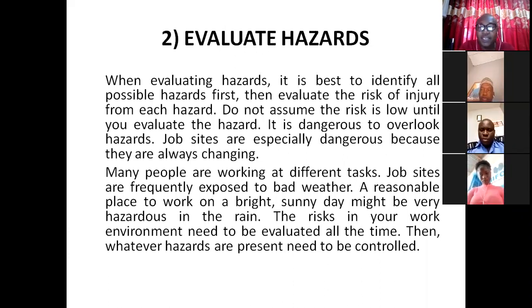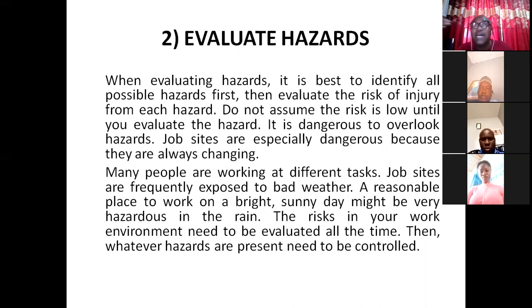If you are driving on the road, you are the only one that knows that your car is roadworthy. The person in your front, the person at your back, you don't know the condition of their brake. You don't know the condition of their vehicle. So that's why they tell you, when you are driving, leave a distance, minimum of 5 meters or 10 meters to the next vehicle, because the vehicle can just stop at any time.